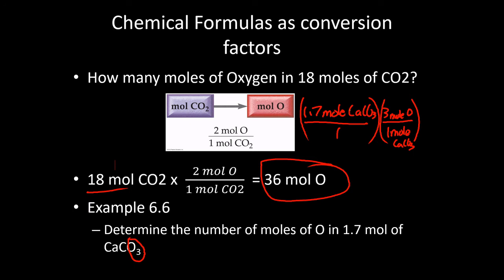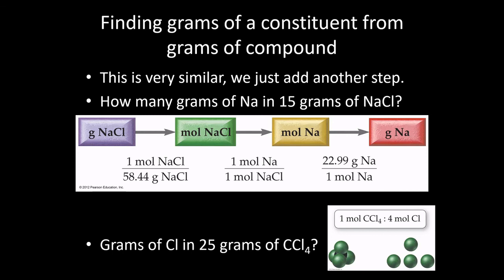So then, if we have 1.7 moles of the calcium carbonate, that means we must have 5.1 moles of oxygen. And I hope that's what you got when you worked that out.